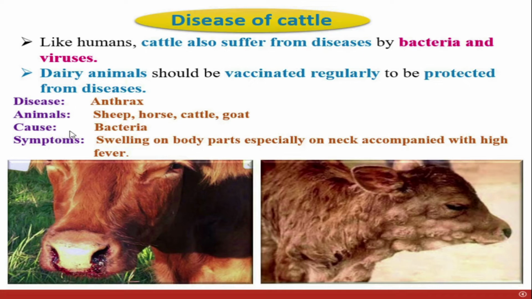Causative agent: bacteria. Symptoms: swelling on the body parts, especially on the neck, accompanied by high fever. Look at this picture, you will understand easily. See, lots of lumps on the neck. Swelling is nothing but inflammation.